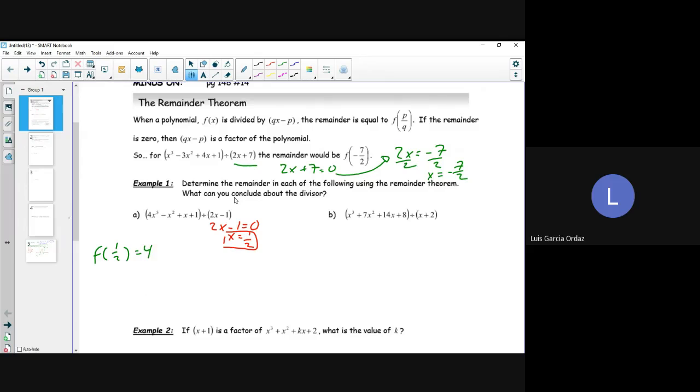So you have 4x^5 minus x squared plus x plus 1. So now we have to determine if 4 times 1/2 to the 5 minus 1/2 squared plus 1/2 plus 1 is equal to 0.